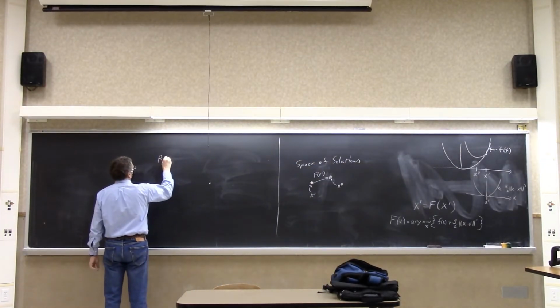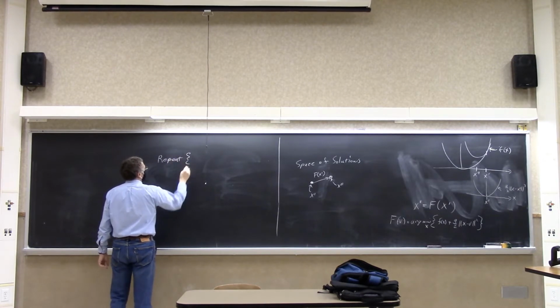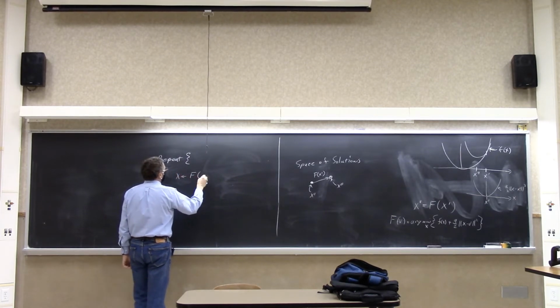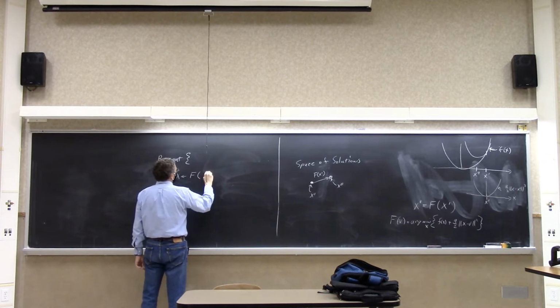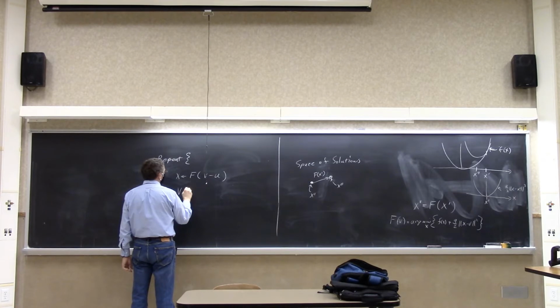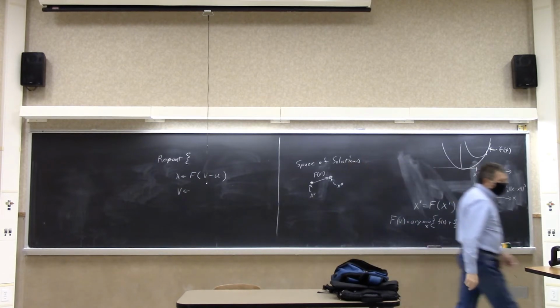I get repeat: x goes to f of v minus u, and then v goes to, or is it, hold on, I better make sure.